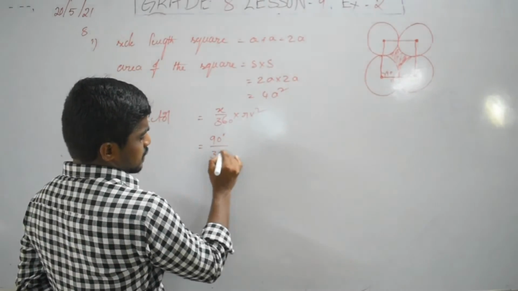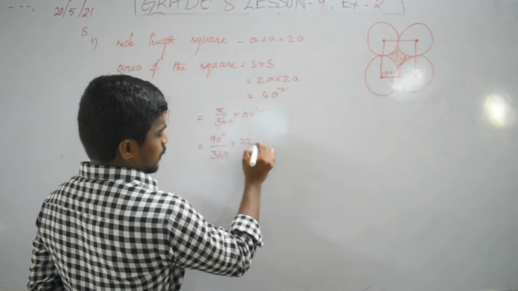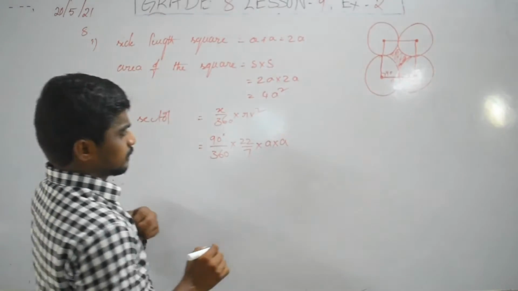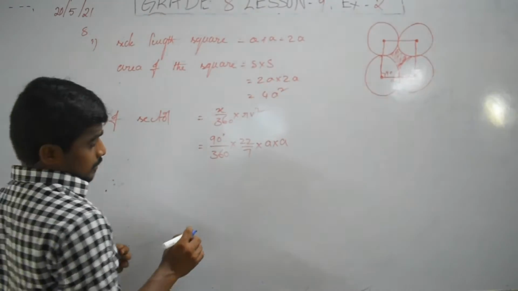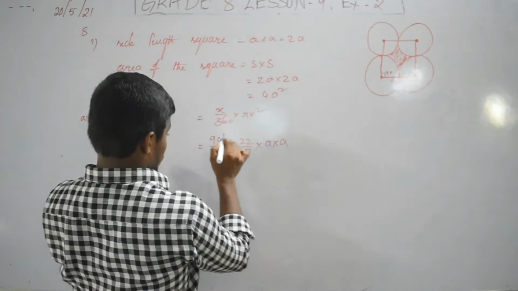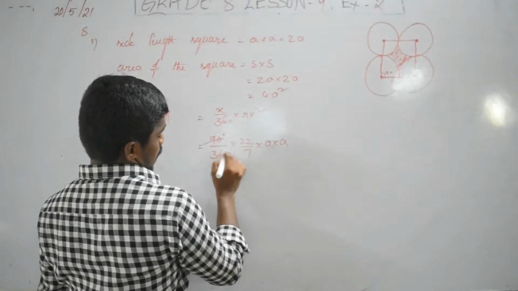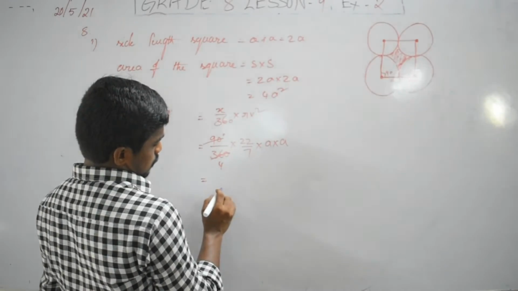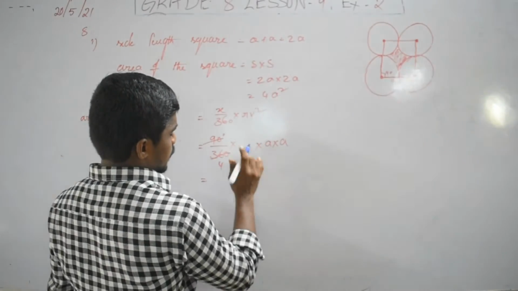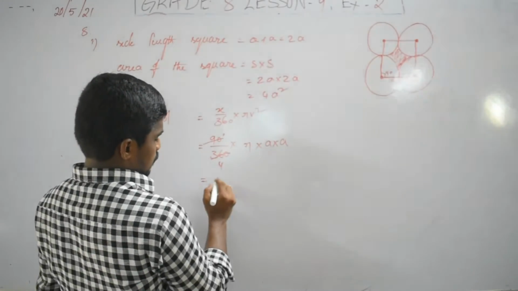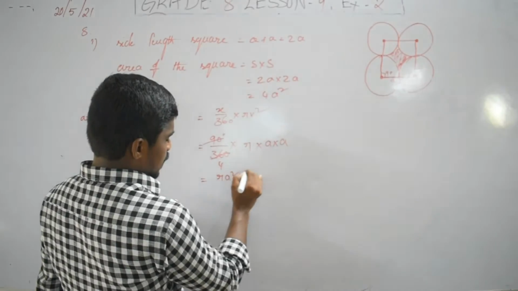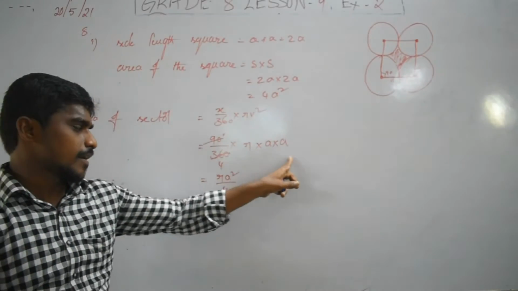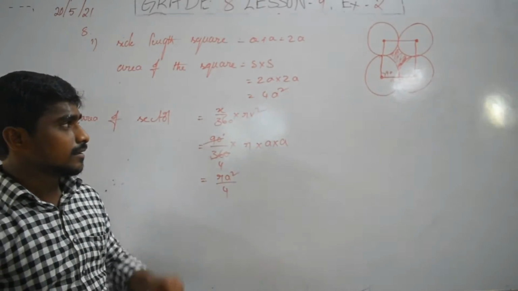So 90 by 360 times 22 by 7, and r is a, so a times a. Pi a square by 4 is the area of one sector.